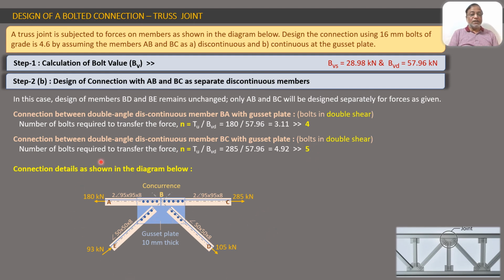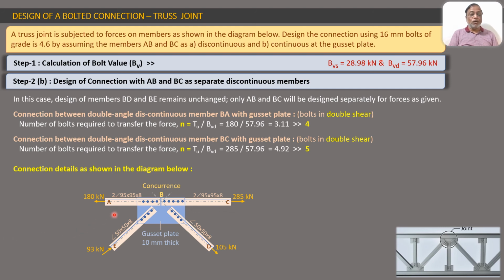So this is the final diagram of the connection where we find 4 bolts for BA and 5 bolts for BC. You can compare this with the earlier situation where ABC was continuous. When ABC was continuous, they required together only 2 bolts to connect to gusset plate.